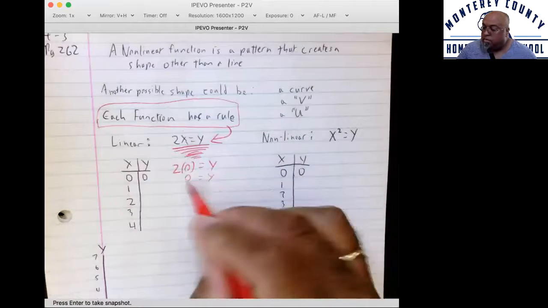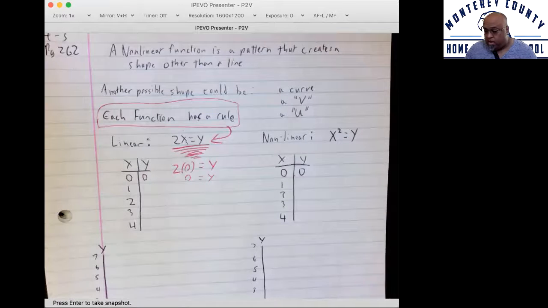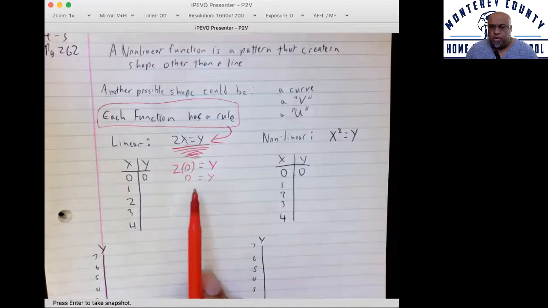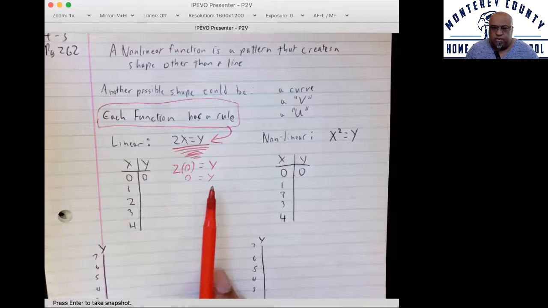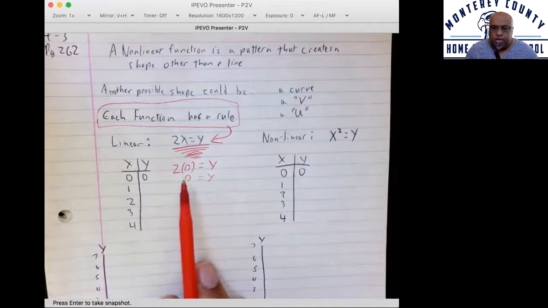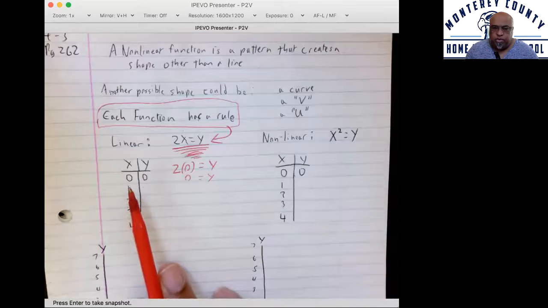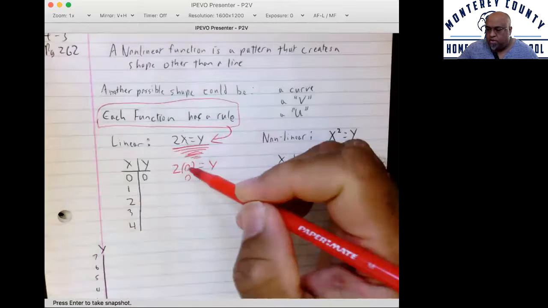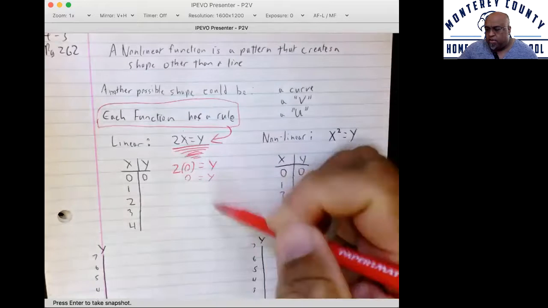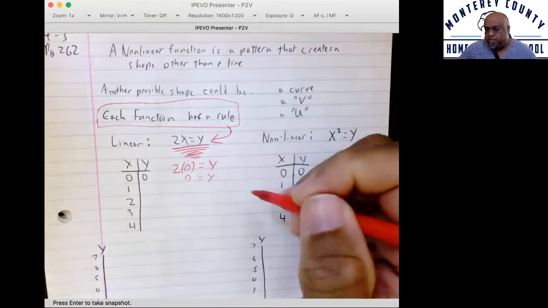So therefore y equals 0. In this particular equation, since I had the variable already isolated, all I had to do was simplify 2 and the value of x. The given value of x was 0, so I just substituted 0 for x. There's no need to do anything to both sides because y was already isolated.